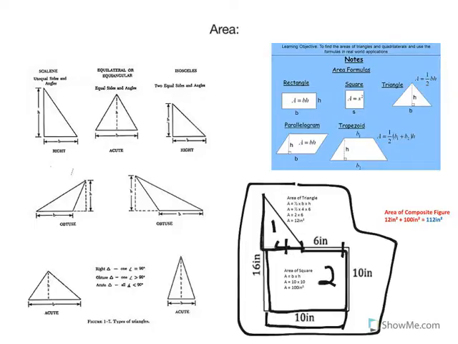So you know that this has to be 4, this base of the triangle, and you see here that this entire length is 16, while this length is 10, so you know that 16 minus 6 gets you 10. So that's how you find the dimensions of this triangle, and they show that here.